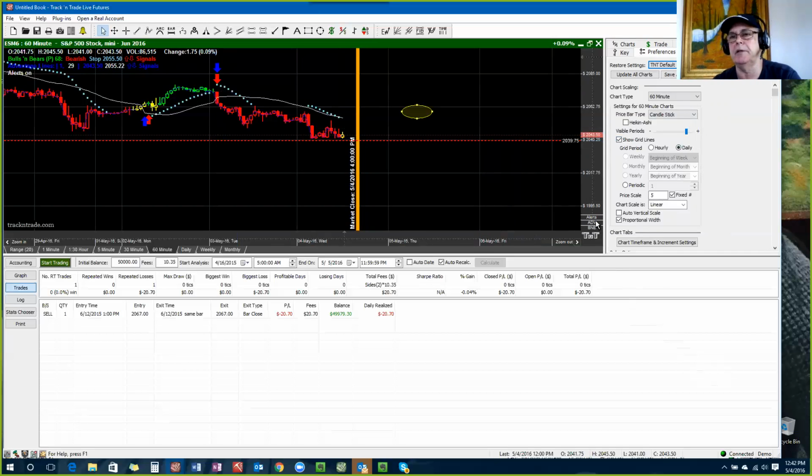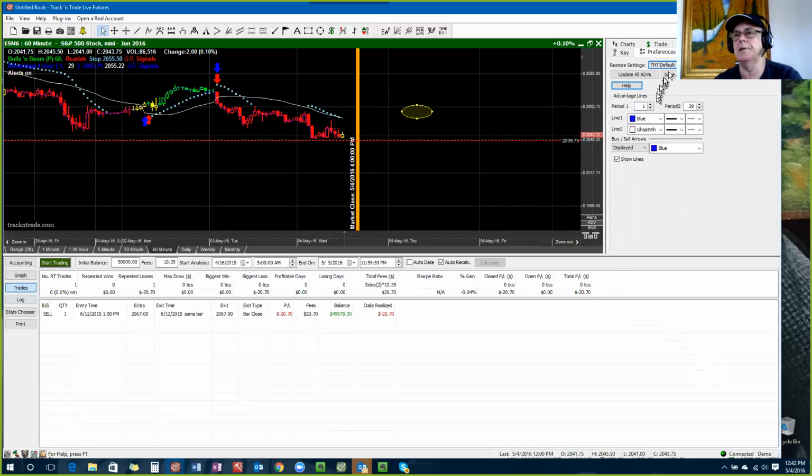And you clicked here, and it shows you the advantage lines. ADV, and then over here, update all ADV, save as my default, TNT default, my default. So let's go back to TNT default.